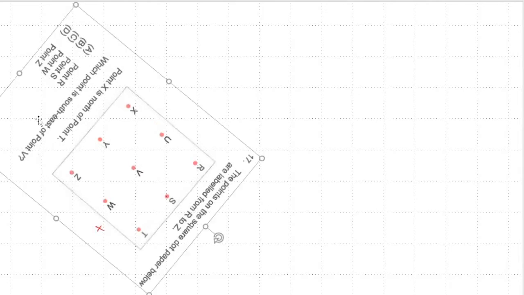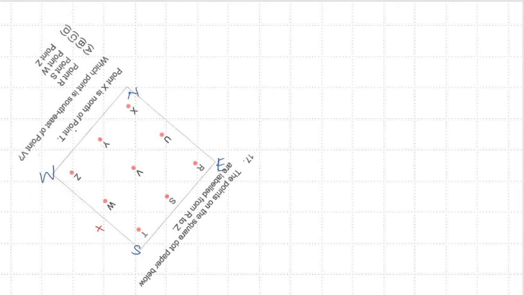Because it says that point X is north of point T, so if point X is north, here is north, here is south, and here will be east and west. It's asking what point is southeast. Where is southeast in this case? Southeast, if I draw this line here, will be this point, which is B.